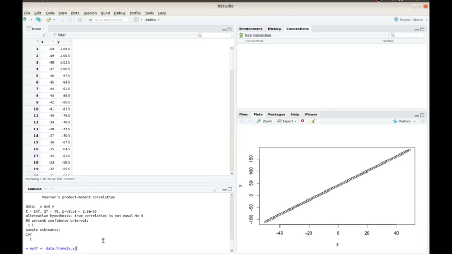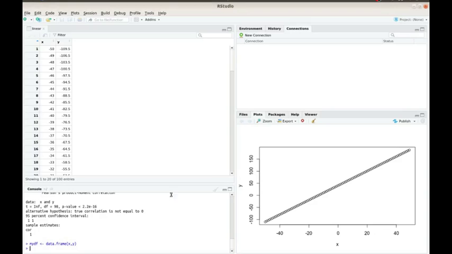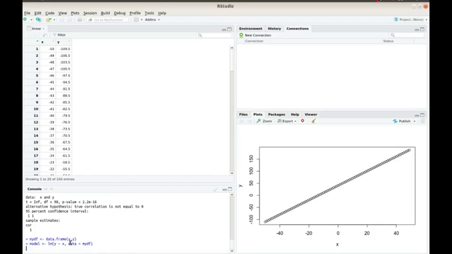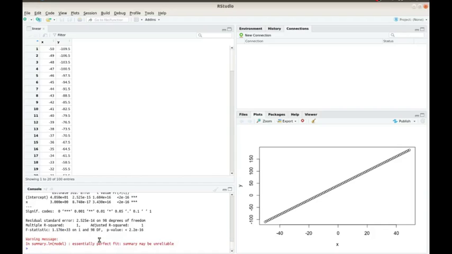I will proceed with creating a data frame, and I am going to put the model as follows. It's a linear model with the function of x, that being y proportional to x. As a result of that, there will be something different coming out of the summary model. The summary model is going to give us a warning message stating that it's an essentially perfect fit, and the summary may be unreliable.